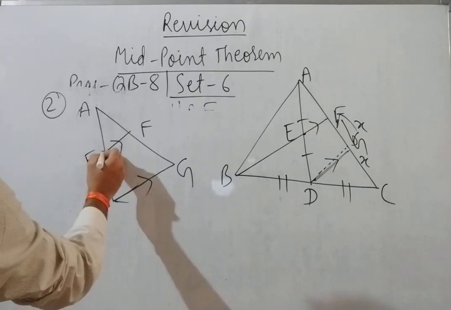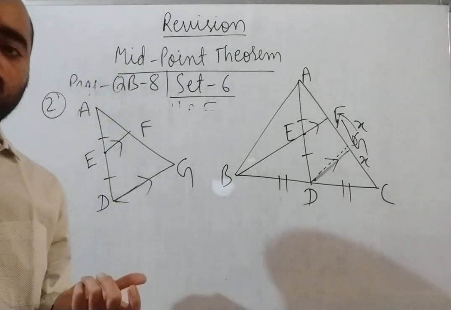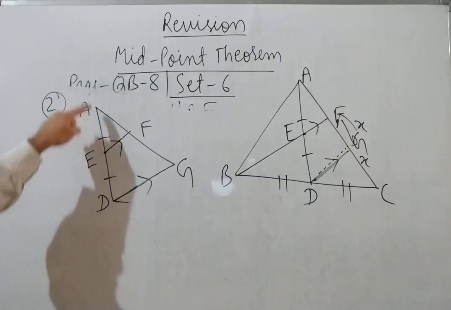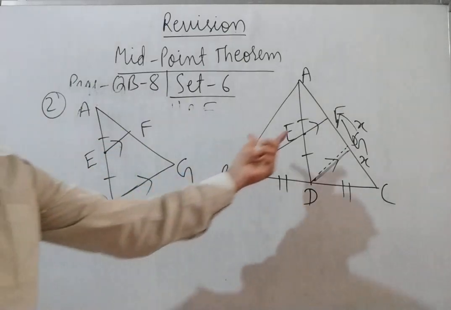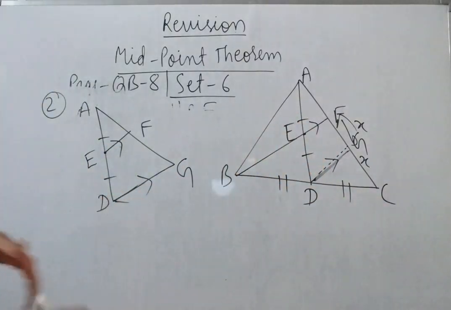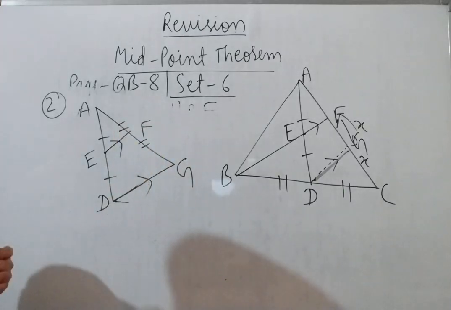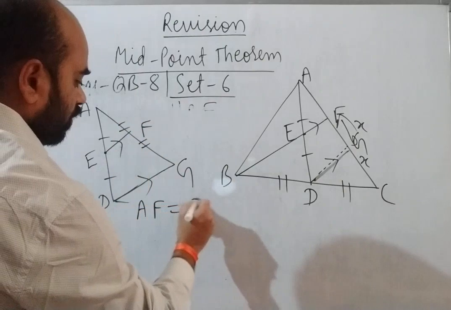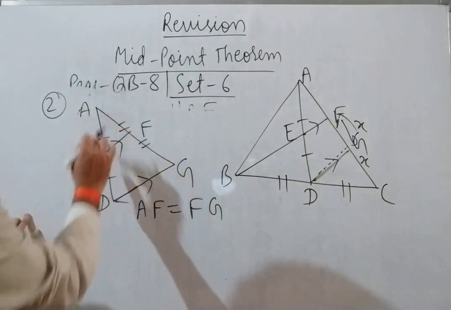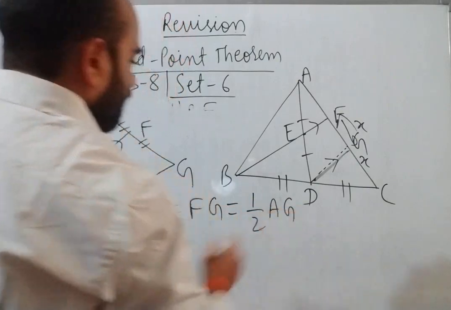Correct? E is midpoint of AD. Correct? Again we are going to apply converse of midpoint theorem. Why? E is midpoint of AD. This is given. EF is parallel to DG. Already we have taken by construction. It means again by using converse of midpoint theorem, these two parts will be same. It means AF is equal to FG. These two parts are same and this can be written as half of AG.